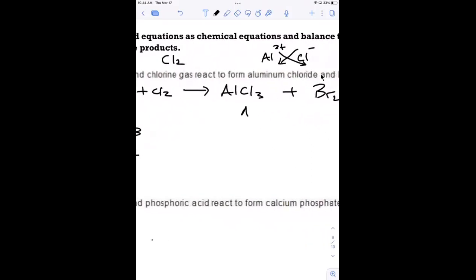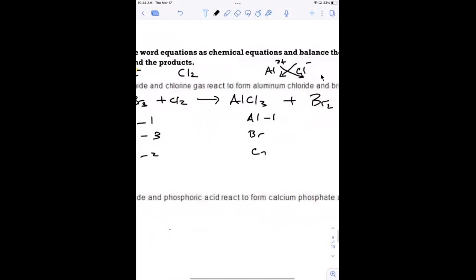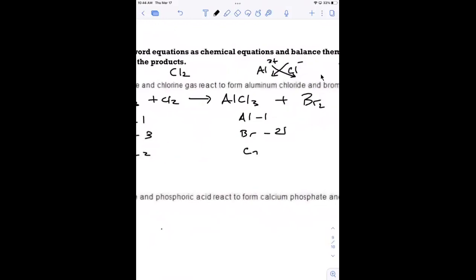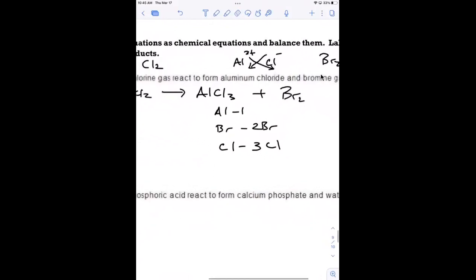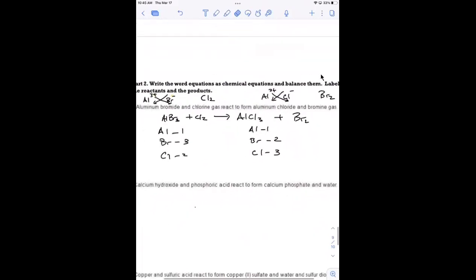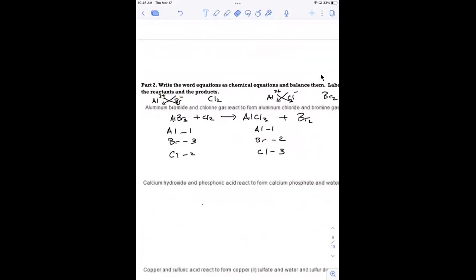On this side, aluminum, bromine, chlorine: 1 aluminum, 2 bromines, and 3 chlorines. And the question is now, how do we balance this? Which atom do you want to start with? Let's do that.